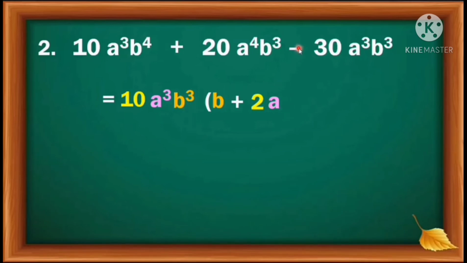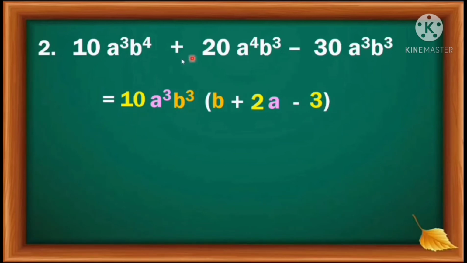Next is bring down the minus sign. 30 divided by 10 is 3. A cubed divided by A cubed is 1. B cubed divided by B cubed is also 1. So hindi na natin siya kailangang isulat dito. So 30A cubed B cubed divided by 10A cubed B cubed would be equal to 3.